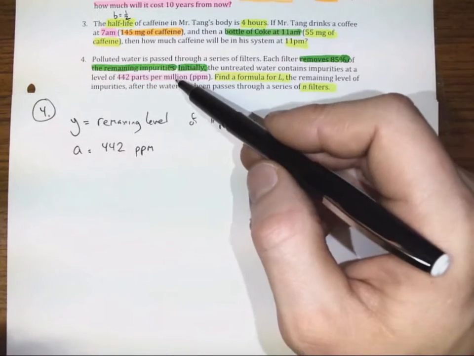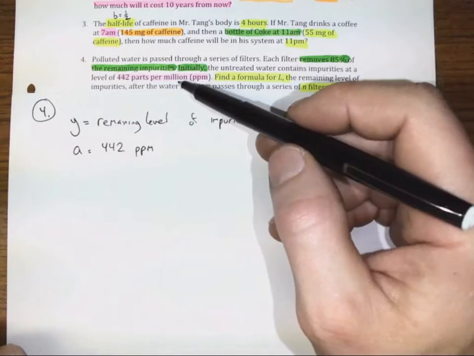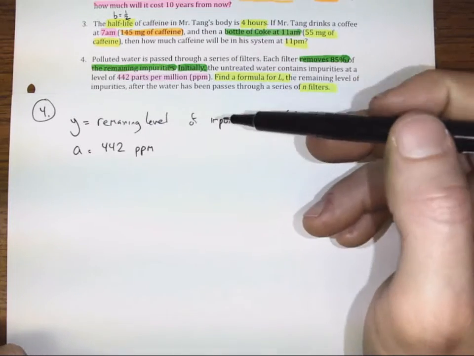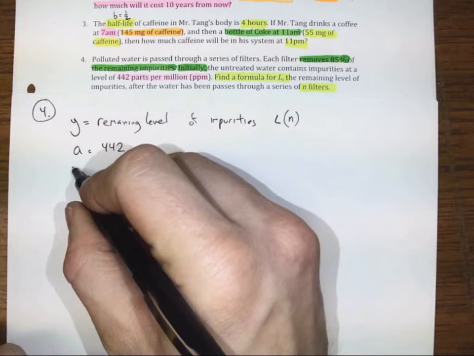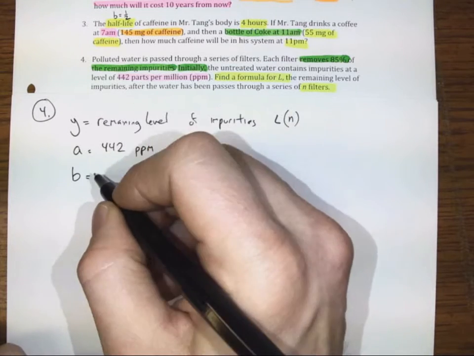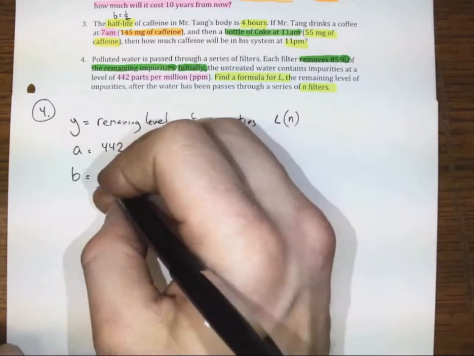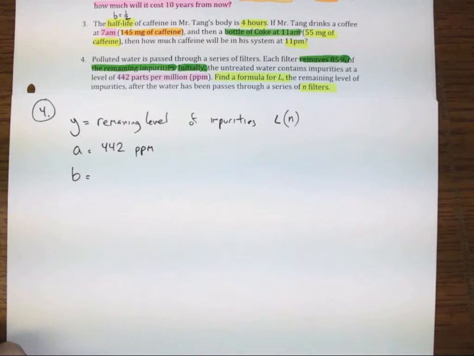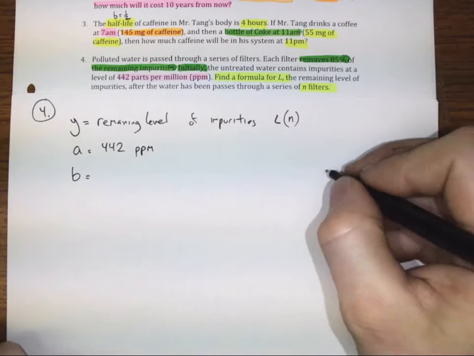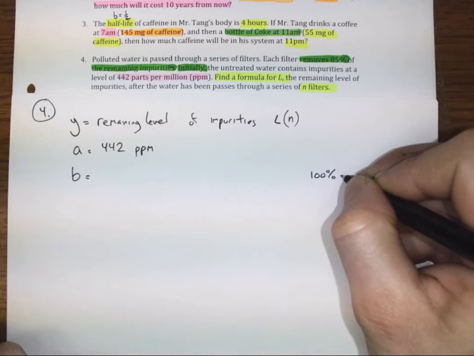All right, our growth rate. So if we remove 85% every time, that means if you had 100%, after one run you would have 15%, because you removed 85%.